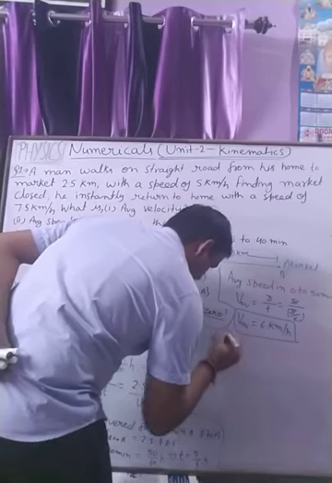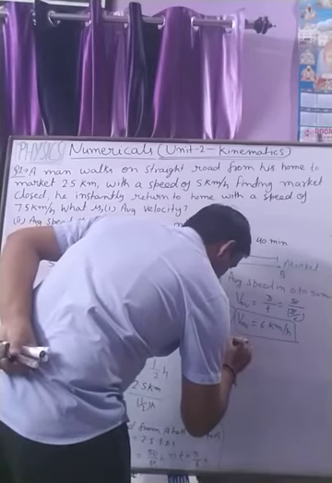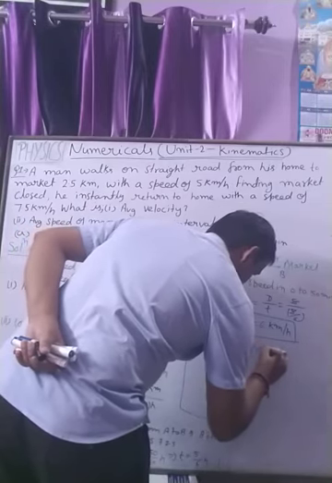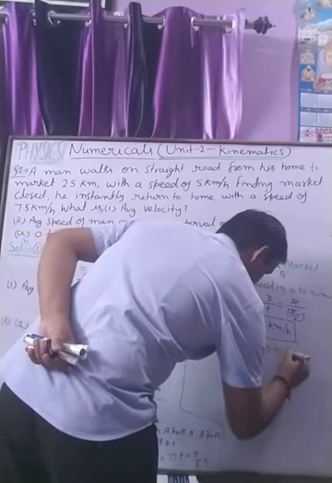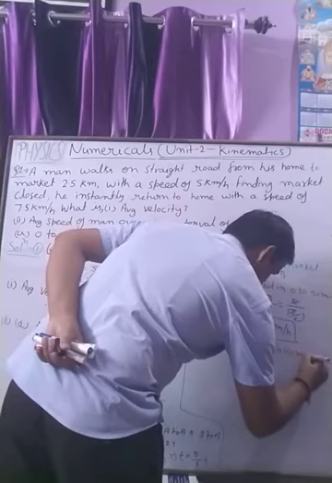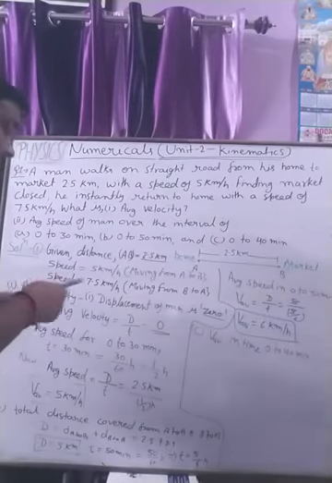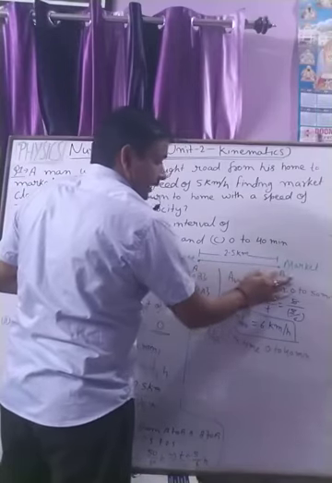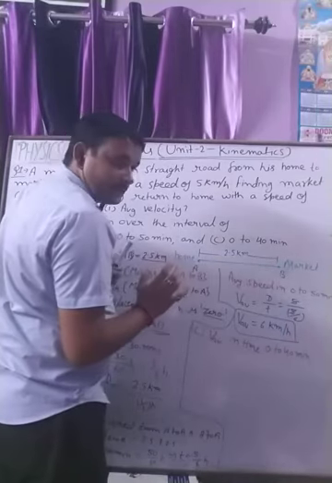average speed in time 0 to 40 minutes. Okay, for this first he covers in 30 minutes 2.5 kilometers.